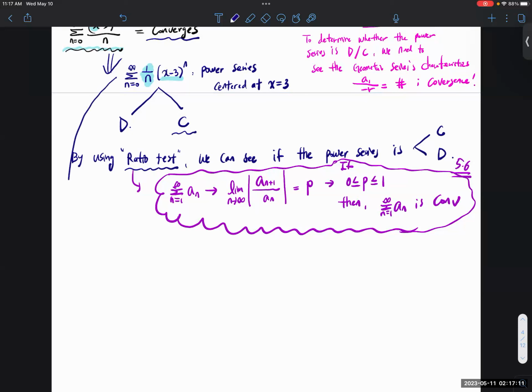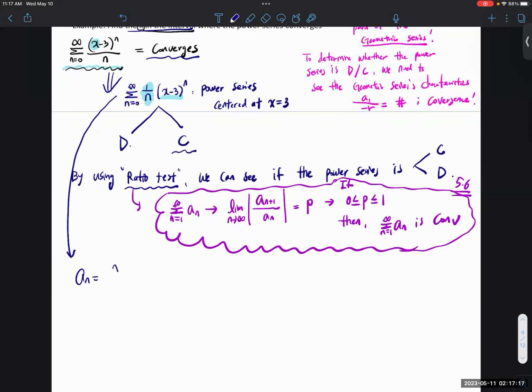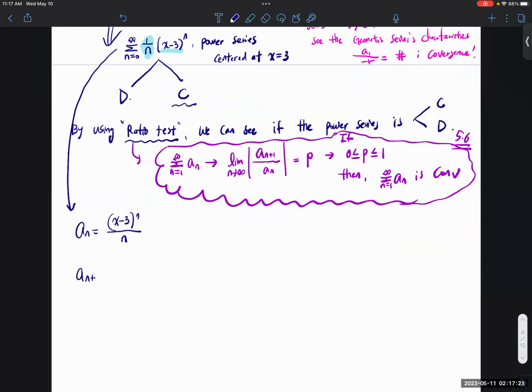So here we see an is given: x minus 3 to the n over n. That means an plus 1 is x minus 3 to the n plus 1 over n plus 1. Are you okay? So we have an and an plus 1. I'm going to take the limit of an plus 1 over an.